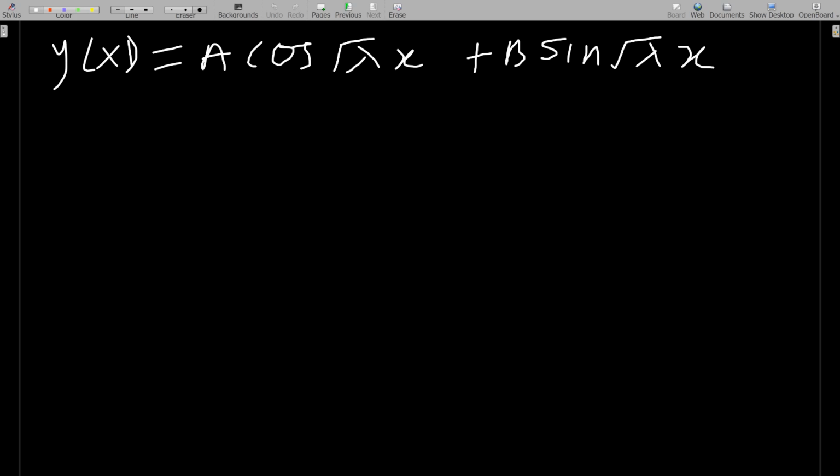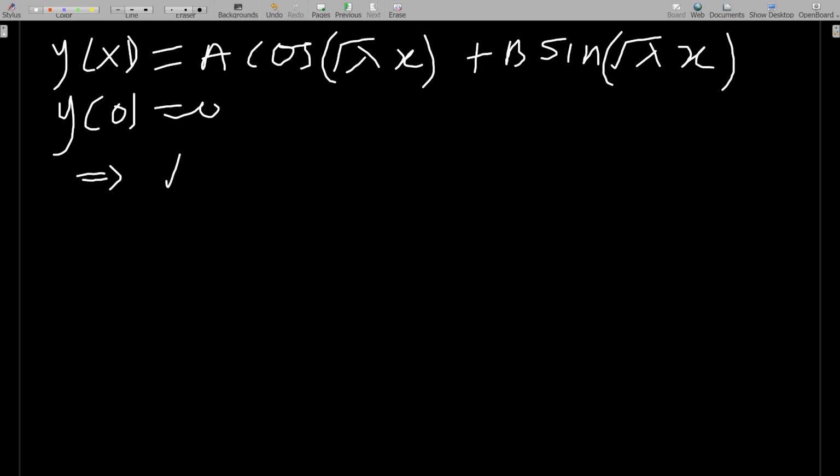Okay, so here you apply the boundary condition. The boundary condition is y of 0 equals 0. This will imply that wherever I see x, I put 0 there. When I put 0 in all these, I'll have a cos 0, which is just 1, plus b sin 0, and sin 0 is 0, so we have 0 equals 0. Y of 0 equals 0, so when I put 0 here, it should be equal to that.